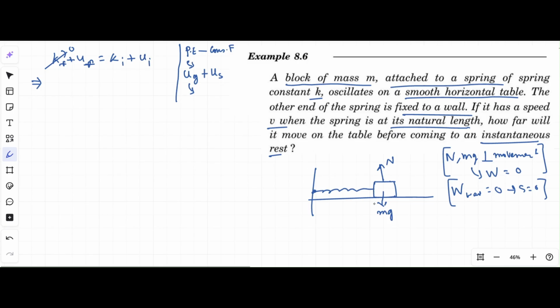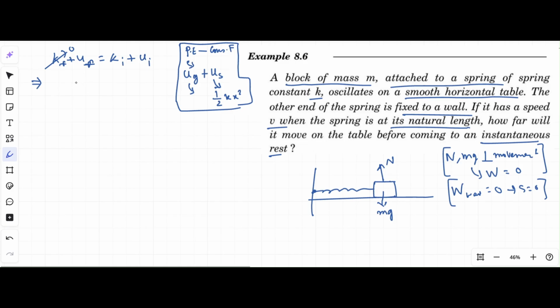Since there is no change in height, it is a horizontal surface, and even if the spring is compressed or elongated, it remains at the same height from the ground. So the final and initial potential energy are the same. Potential due to gravity remains the same. However, spring potential changes with change in distance. We will see how this happens. This will be based on half k x square, because that is the work done, and we know that potential is minus of work done. So we understand all that.